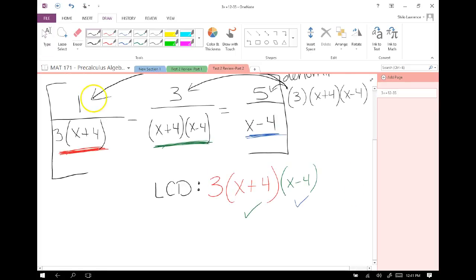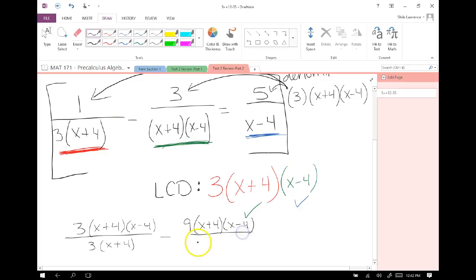So 1 times all that stuff just leaves me with that stuff: 3 times x plus 4 times x minus 4 over 3 times x plus 4, minus, here I've got 3 times 3, that's 9, x plus 4, x minus 4 over x plus 4, x minus 4, equals 5 times 3 is 15, x plus 4, x minus 4 over x minus 4. I have not done anything with my denominators yet. I've just taken this and multiplied it into each of my numerators.